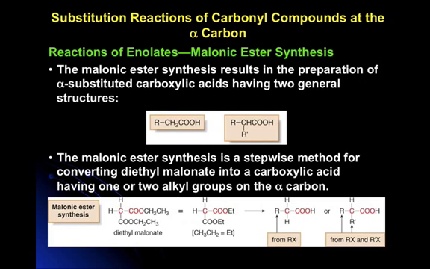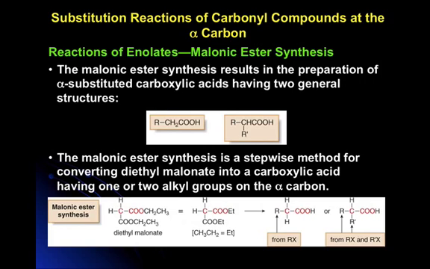Because they not only have one carbonyl, they got two, right? And so we can generate the enolate very easily. And I usually use sodium hydride when we do this in our laboratory. And we can alkylate these with just iodomethane or some other primary alkyl halide, works really well.